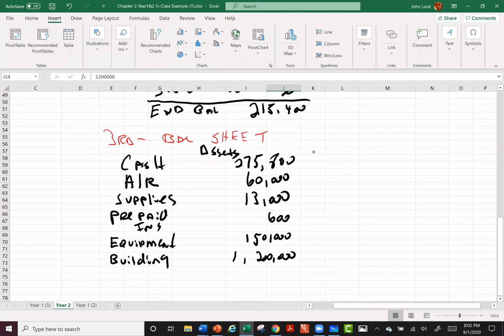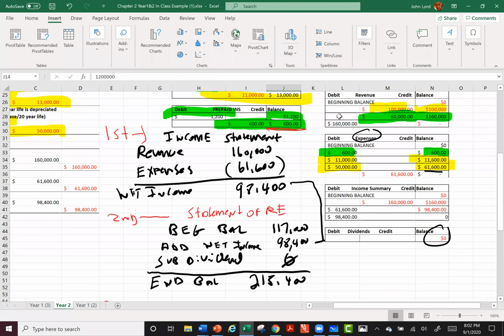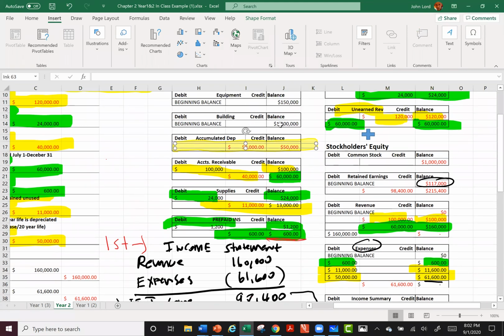And then I report the accumulated depreciation. Why are we considering accumulated depreciation in the assets? I'm not considering it an asset. I'm considering it a contra asset. Contra means against. It goes against the assets. So my asset building is a debit. The accumulated depreciation is a credit.